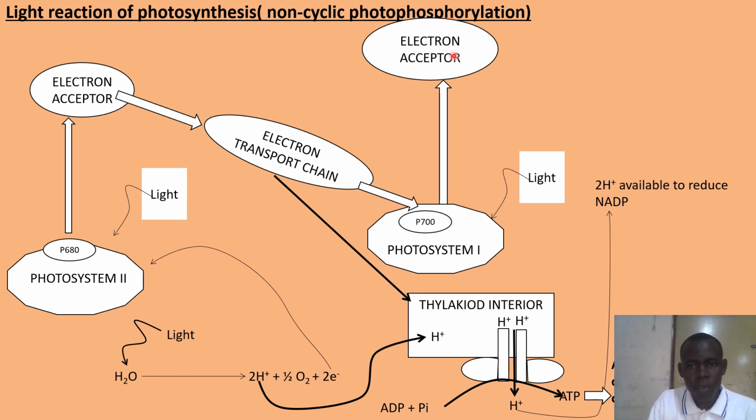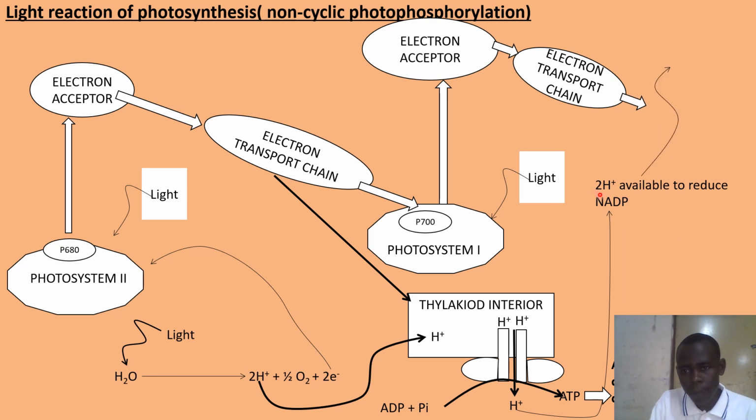However, the electrons may also be handed over to another electron transport chain, and in this case, these electrons together with the protons are used to reduce NADP in the presence of the enzyme NADP reductase, which results in the formation of NADPH2.